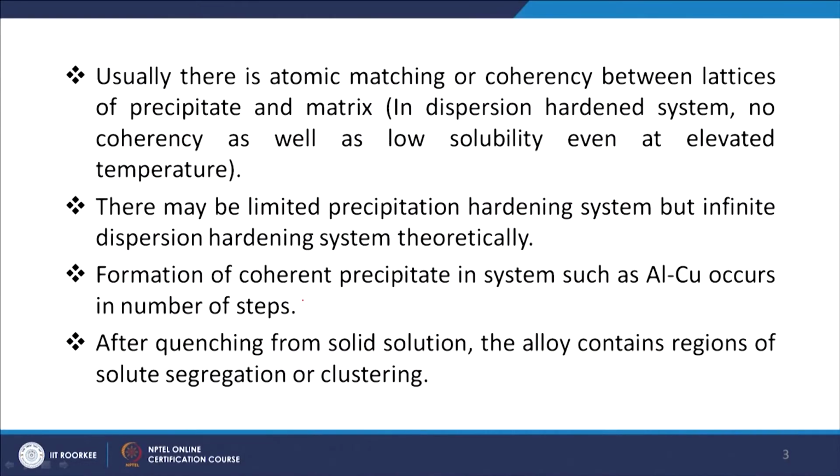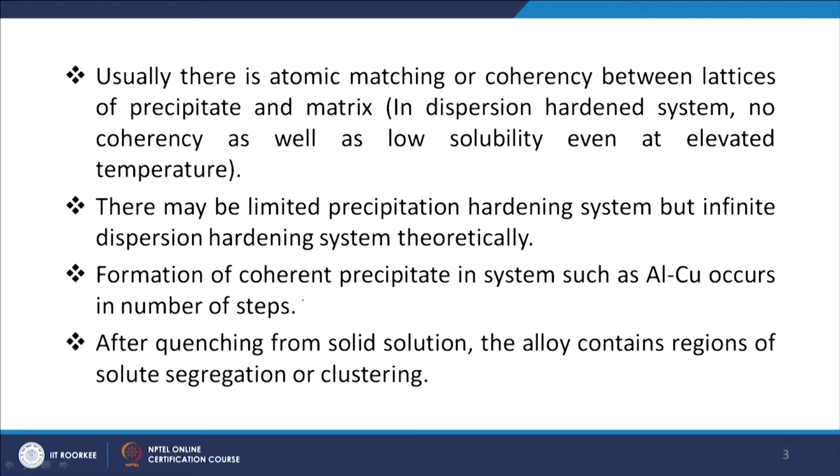Usually there is atomic matching or coherency between the lattices of the precipitate and the matrix. So, there is again some difference between the dispersion hardened and the precipitation hardened material. In the precipitation case you will have coherency between the lattices of precipitate and matrix, and in the dispersion case there will not be coherency.